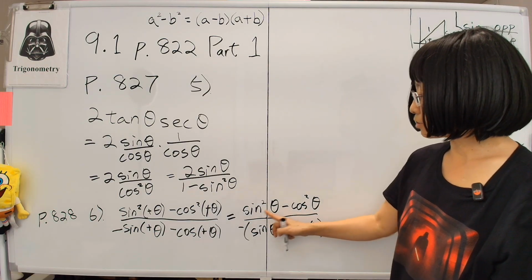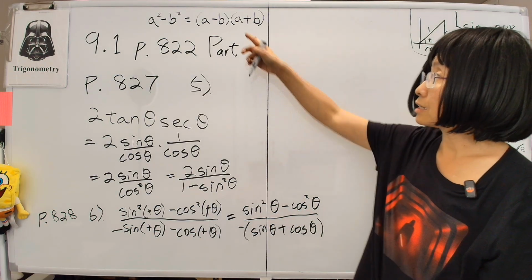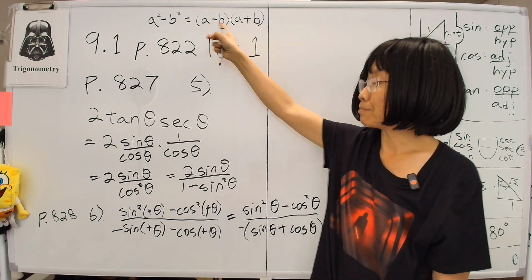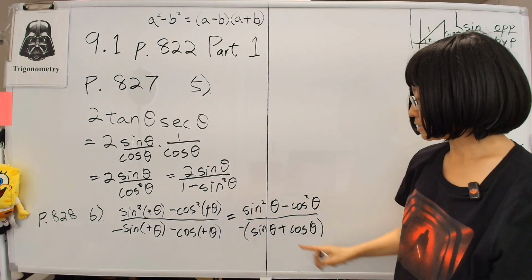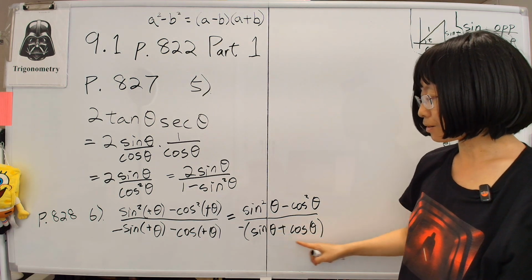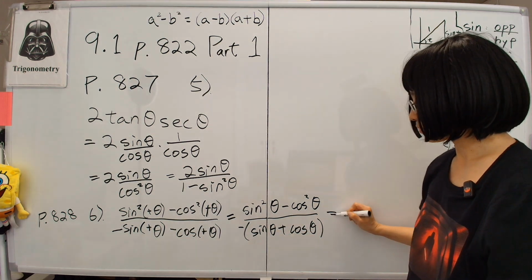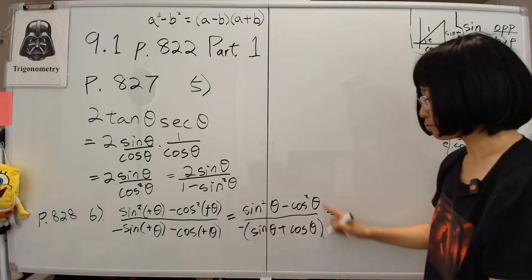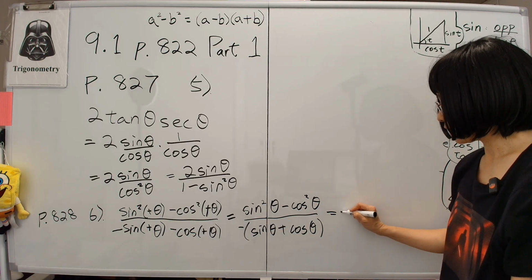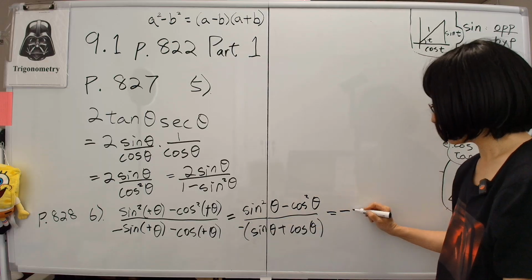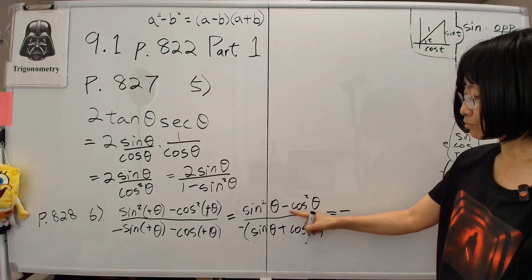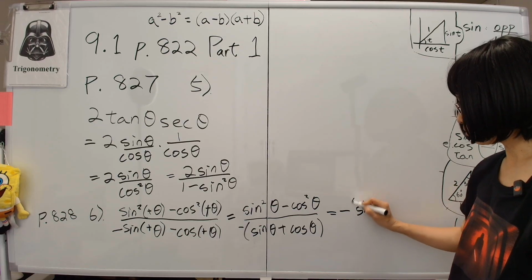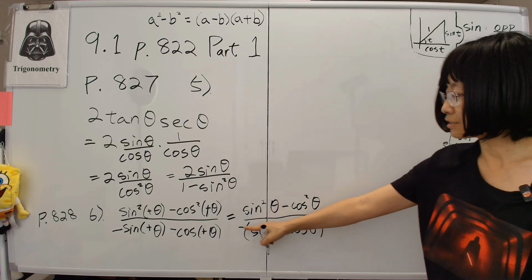Now the sine squared minus cosine squared is equal to sine plus cosine, times sine minus cosine. So the plus part gets canceled out with the bottom, because there's a sine theta plus cosine theta at the bottom. So we have only the minus one left, and also the negative sign. Since the plus one got canceled out, the answer is minus, in parentheses, because the negative sign still stays.